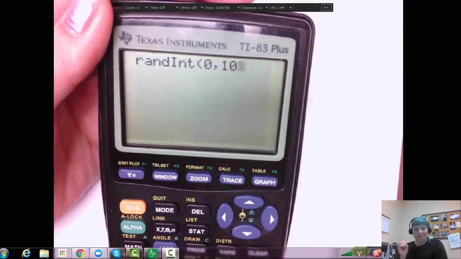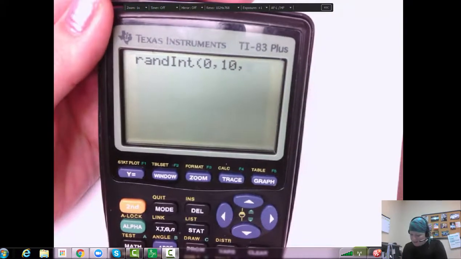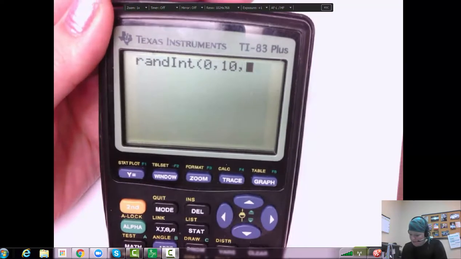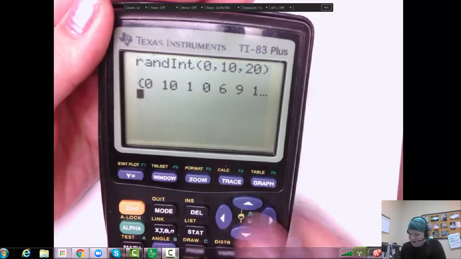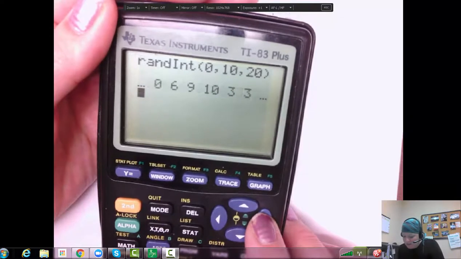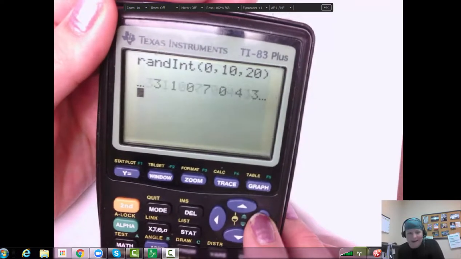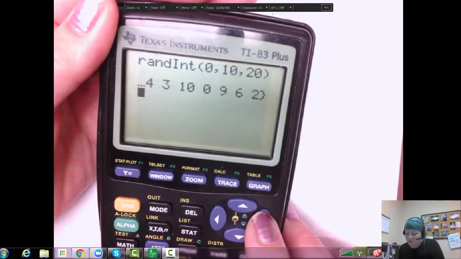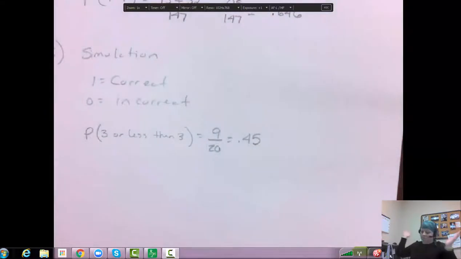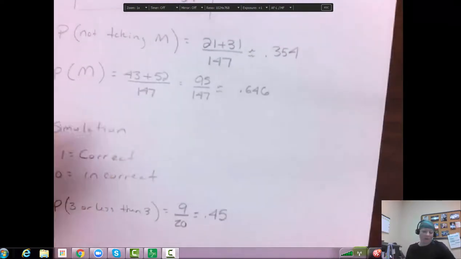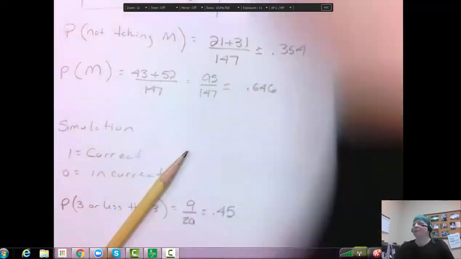I want numbers between 0 and 10, and I want how many different times do I want those random numbers? Maybe I'll do that 20 from like before, and enter. Okay, here they are. They gave us between 0 and 10, 20 random numbers. So you can do simulations by assigning certain probabilities and then doing a simulation on a calculator or some kind of device that randomly gives you the numbers, and you can do a probability based off of that. So hopefully this helps you with this section.